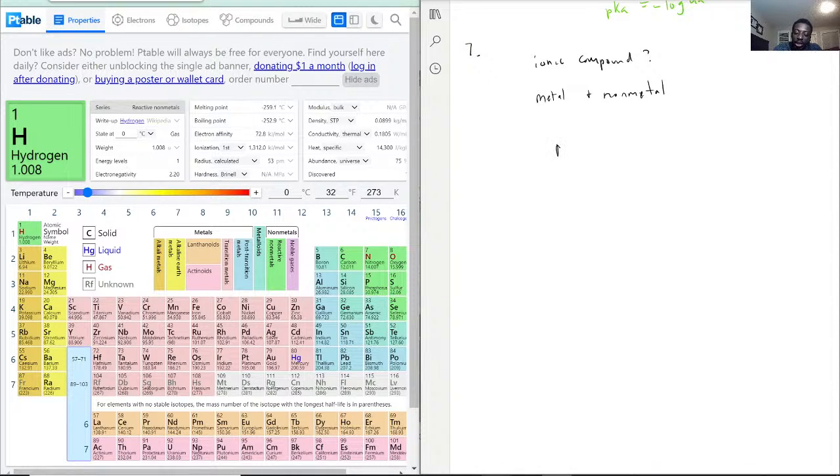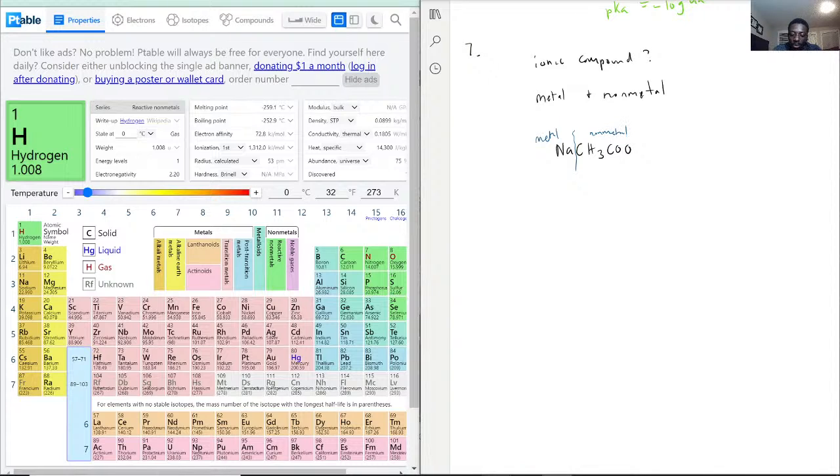What if we had sodium acetate? That's sodium acetate. This is still an ionic compound. Why? Because we remember how we did it. We still split it, and when you split it like that, what you've done is assigned a metal part and a non-metal part.